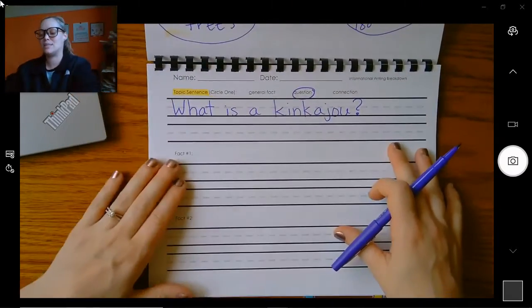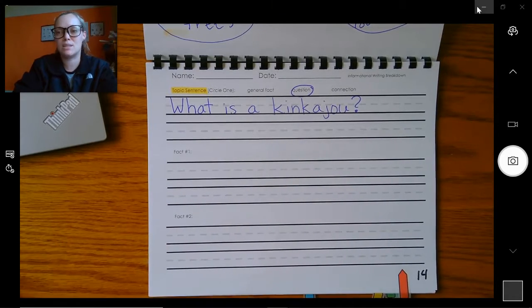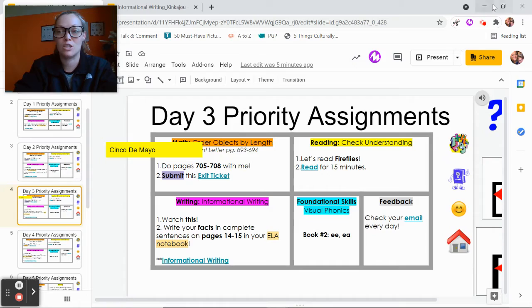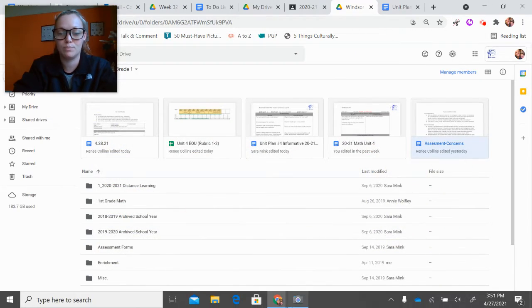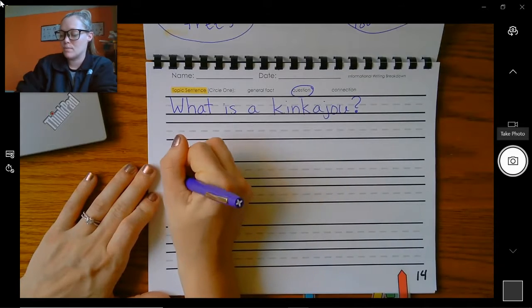So there's two different ways. I could use my sentence starters. One fact about kinkajous is, or one fact about a kinkajou is, so I can use this, or I can just say my topic, which is a kinkajou.